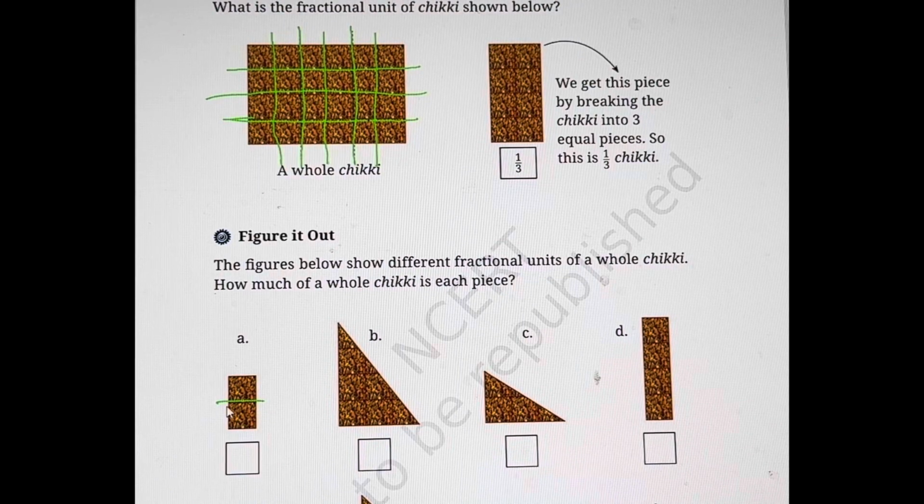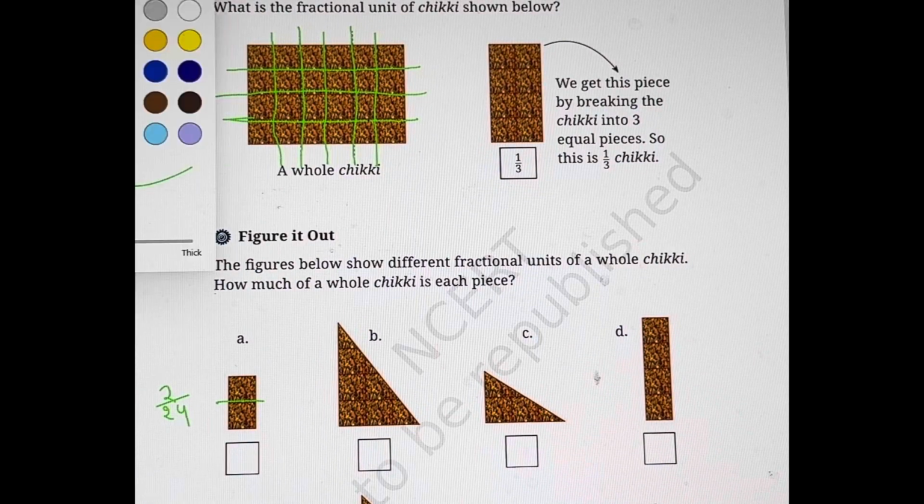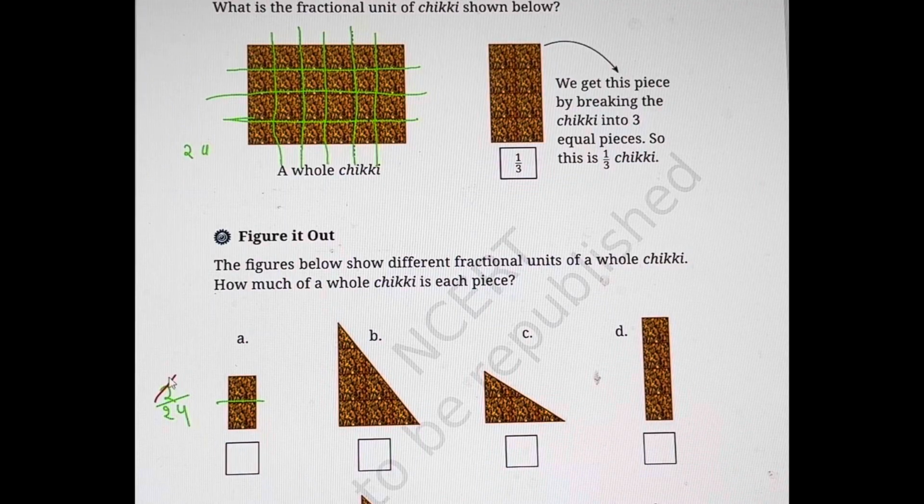There are 2 pieces of the smaller part, and there are 24 pieces over here. So there are 2 out of 24 pieces. Now if I try to reduce it, 2 ones are, 2 twelves are 24. So your answer will be 1/12 for the first question.